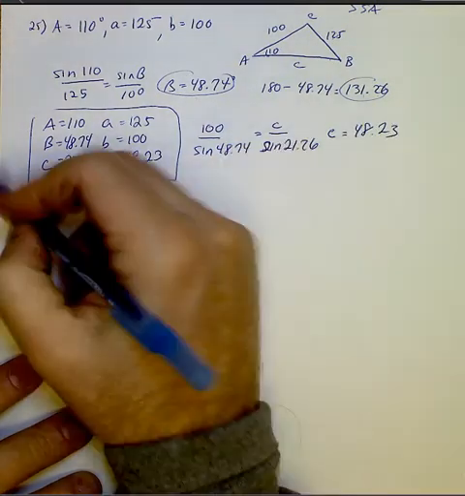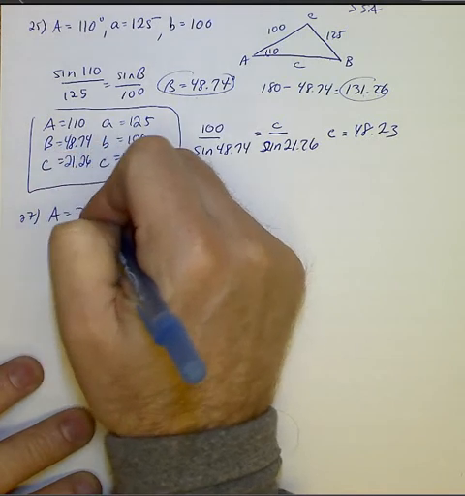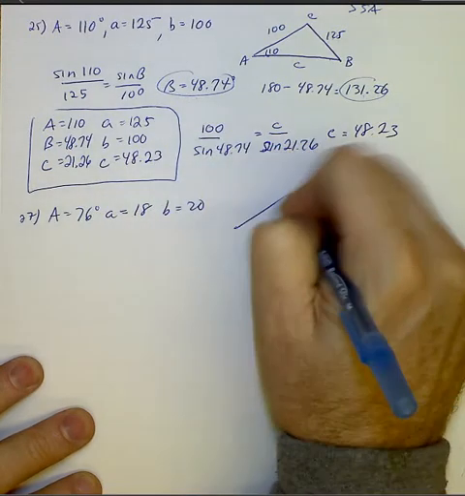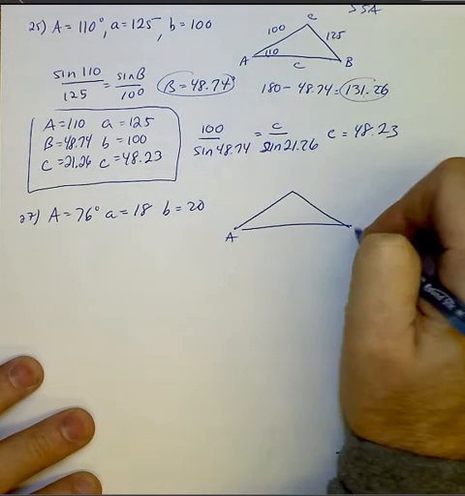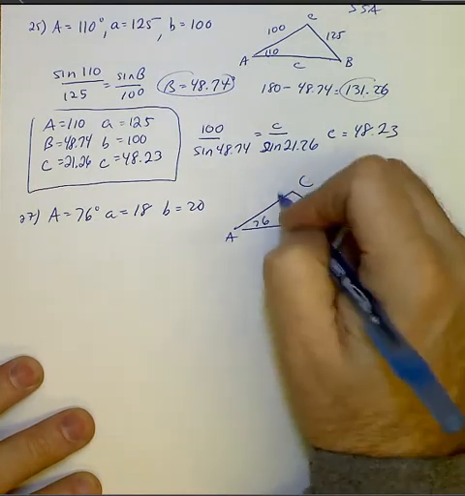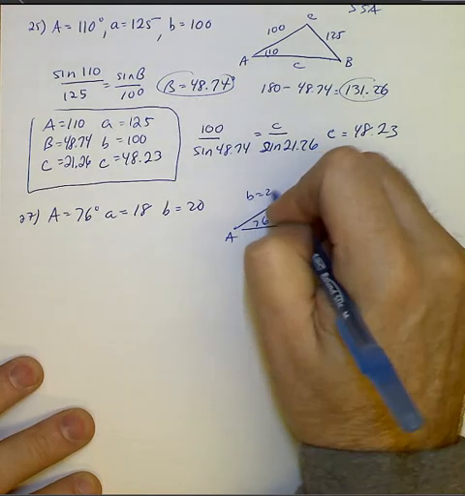In number 27, you're given A equals 76 degrees, little a equals 18, and little b equals 20. Once again, this is the ambiguous case because we have an angle, we have a side, and we have another side right over here. So we run the same process.